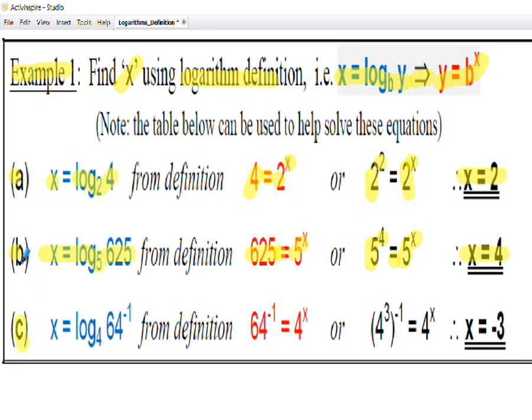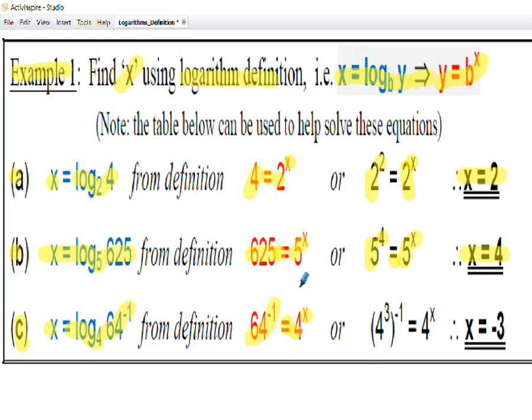Final question C, x is equal to log to the base 4 of 64 to the minus 1. So again, using my definition, writing in the exponential form, the y in this case is 64 to the minus 1, and that's equal to the base of 4 raised to the power x. Now again, from my table, I can see that 64 can be written as 4 to the power of 3.